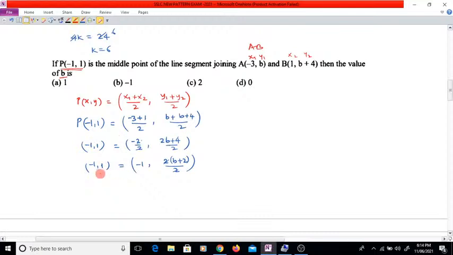So these two are equal and these two are equal. Now equating, we get b plus 2 equals 1. We transfer this 2 to the right hand side, that is b equals 1 minus 2. So b equals minus 1. This is the value of b, option B.